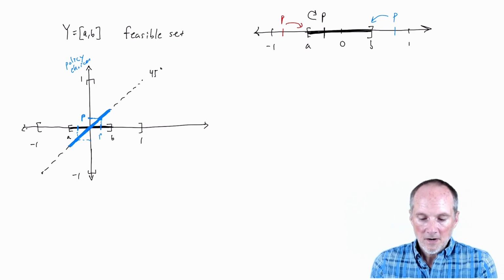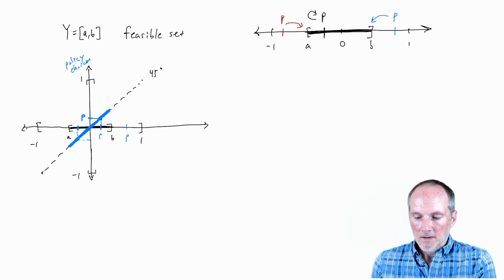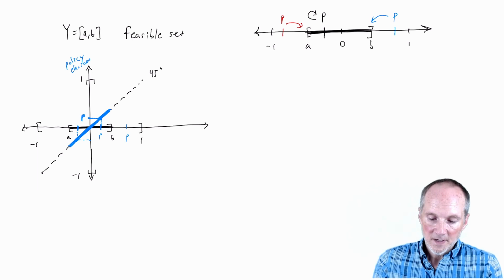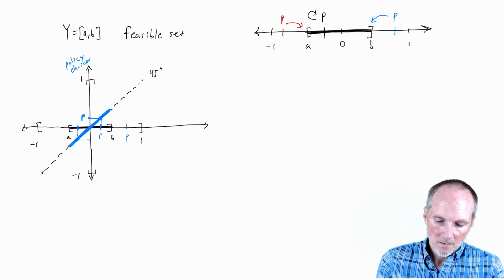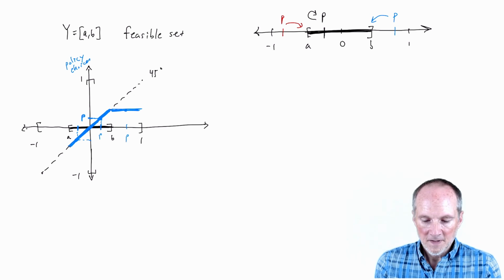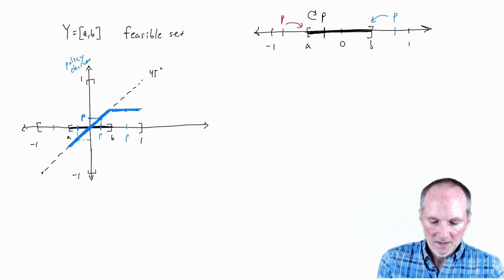All right, now suppose P is to the right of B. As we just said, the politician is going to choose that right-hand endpoint, B, and that's true anywhere in here. And to the left of that feasible set, the politician is going to choose just A. And that's true everywhere to the left.